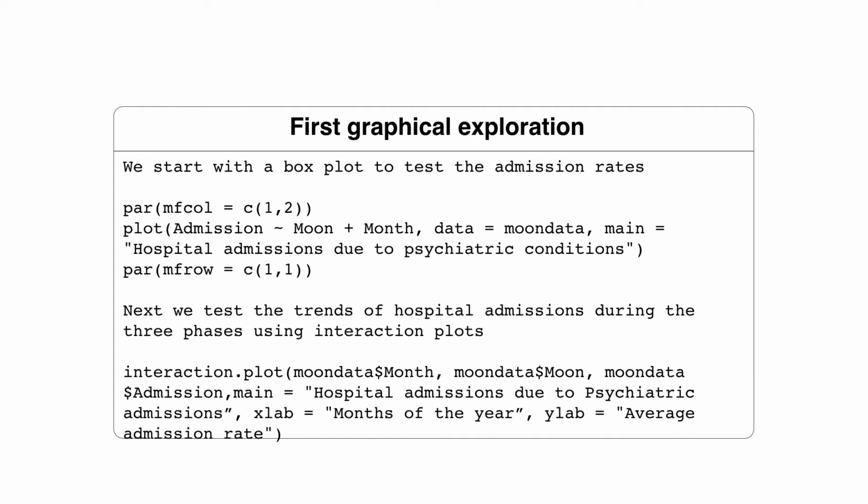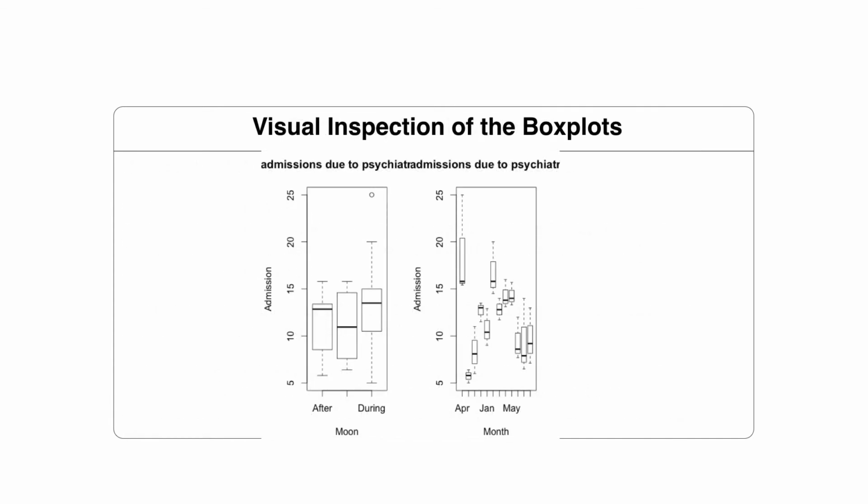And the way to construct that plot would be what is known as an interaction plot. So we would be studying the interactions of those admissions at this point. So let's take a look at the first class of plot, which is a visual inspection of the box plots, and see what we get to see.